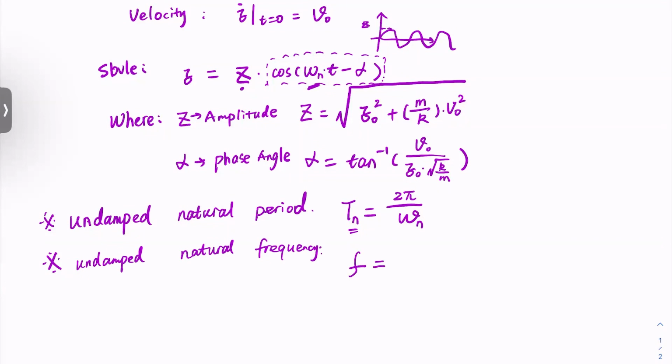What is the relationship between F and T? That is basically omega n over 2 pi. That is basically 1 over 2 pi times the square root of k over m.